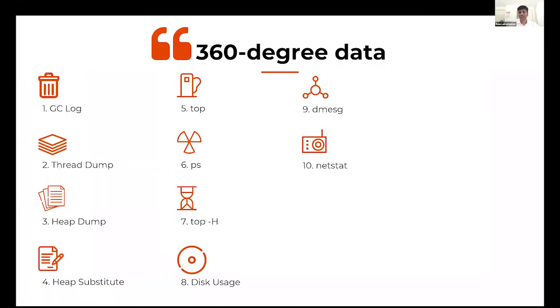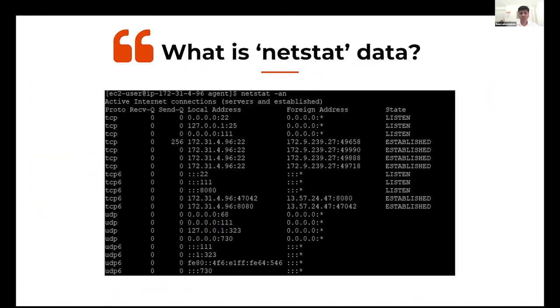The next data you want to analyze when there's a production problem is maybe netstat, the network data. When I issue this netstat command, I'm going to see all the network connections that are established with my container. These are the hosts to which it's connecting and what states they are in, and it's going to present me this count.